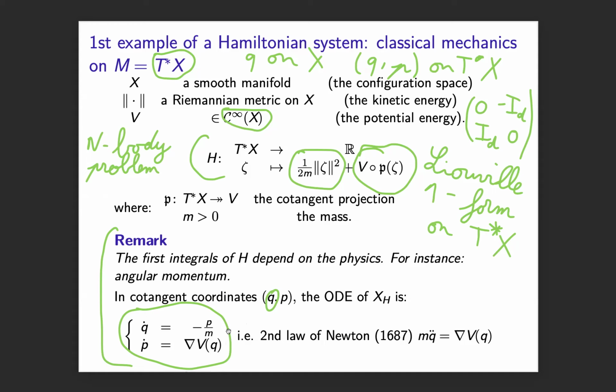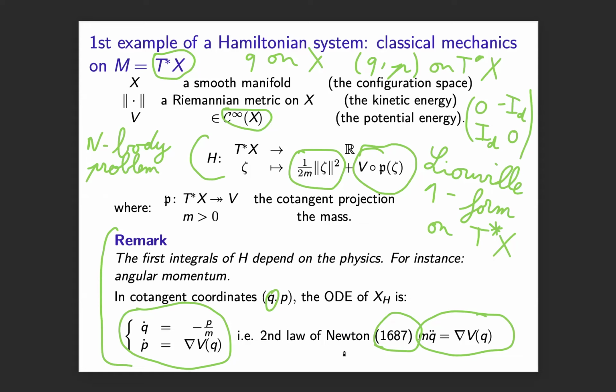And this you can write as a second order ordinary differential equation with one component, which turns out to be actually the second law of Newton of 1687, the one that we mentioned at the beginning.